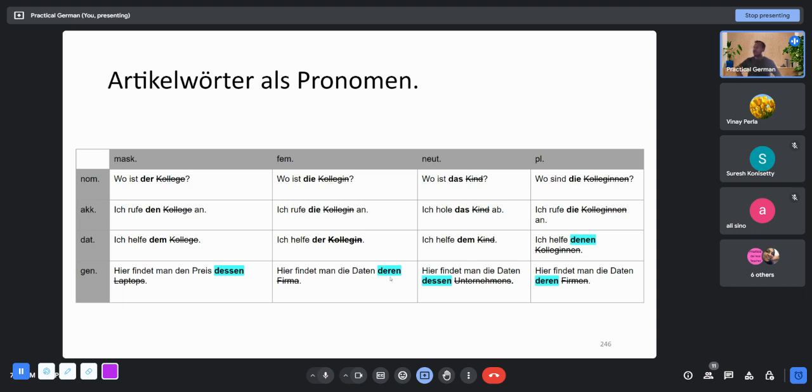One more adjustment you have to do. This is correct on paper, but normally it sounds a little bit odd when you say, Hier findet man den Preis dessen. It's fine, you can say it. But also, what you can do is just say, Hier findet man dessen Preis. You also throw this article away. Hier findet man deren Daten. What I'm saying is, throw this article away and put the Artikelwörter as pronoun here.